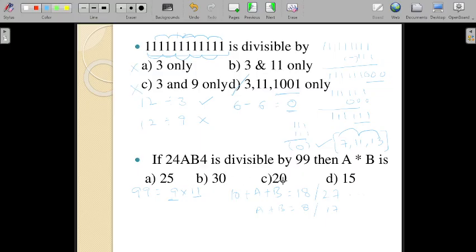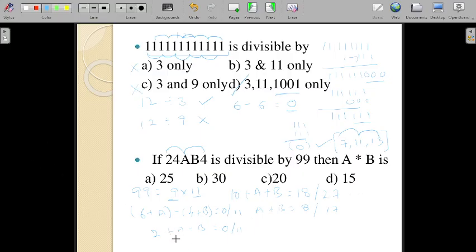Next, 11. 11 means 2 plus A minus 4 plus B equals 0 or 11. So what is the value? 2 plus A minus B equals 0 or 11.